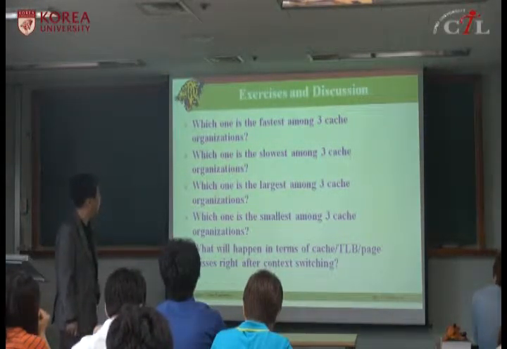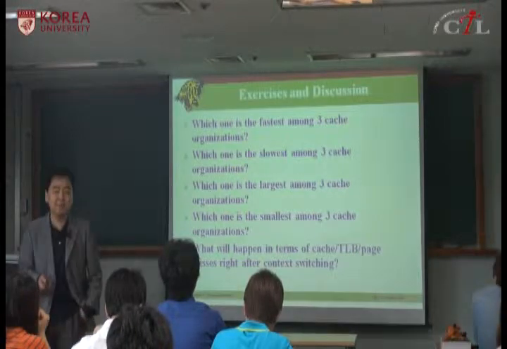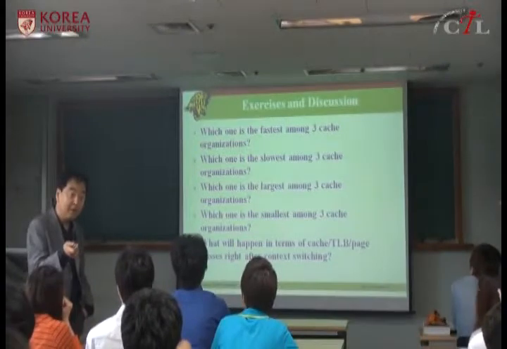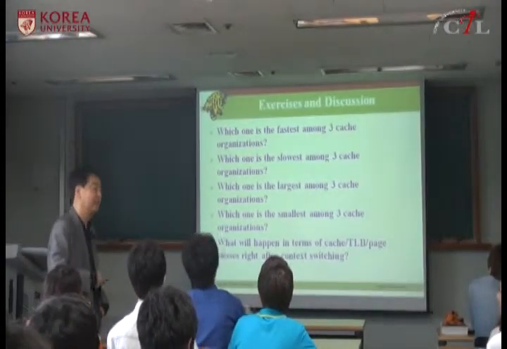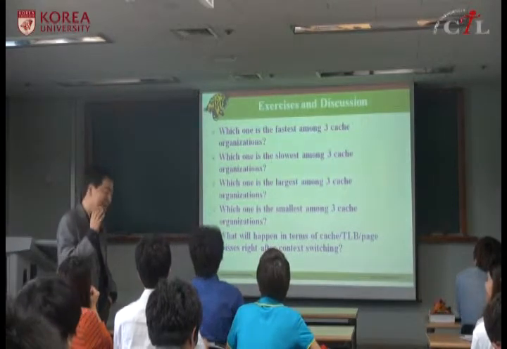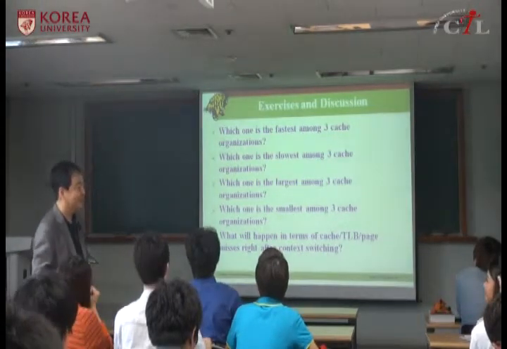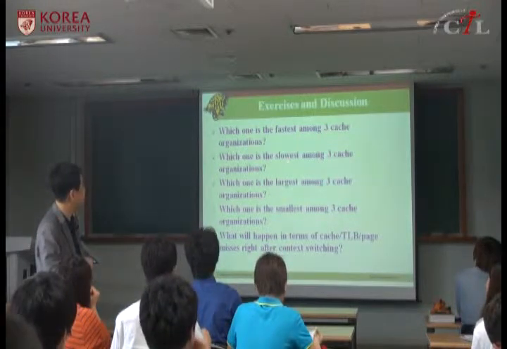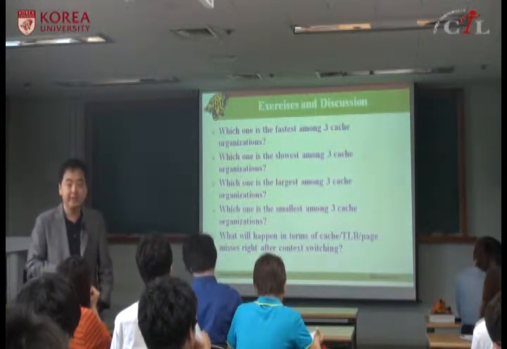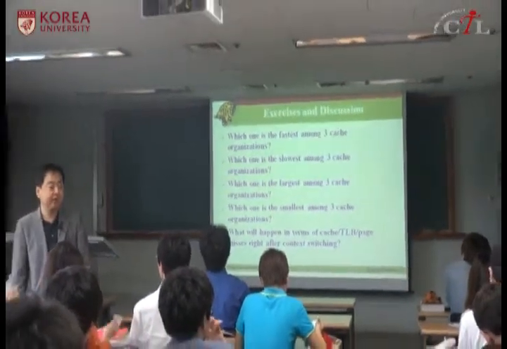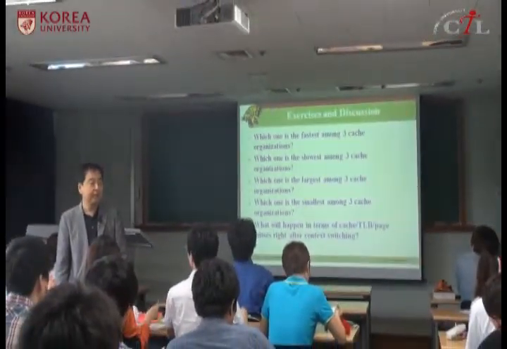Okay, correct. Next, which one is the slowest among three cache organizations? Fully, direct mapped, or set associative? Slowest.